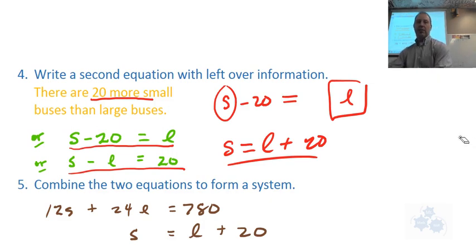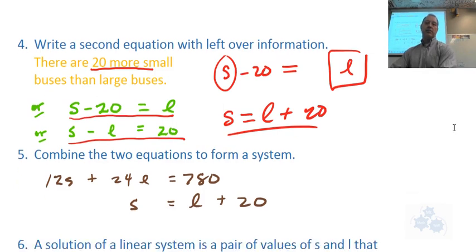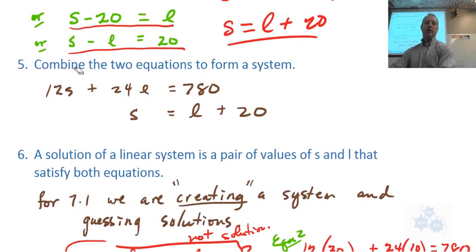So this is what you're going to have to do, that's the biggest thing right now. And again, in 7.1, this is what we're doing, creating these systems. Okay? So this is now the system of equations. You've got these two equations, and you're trying to find numbers that fit in for S and L for both equations at the same time. Right?